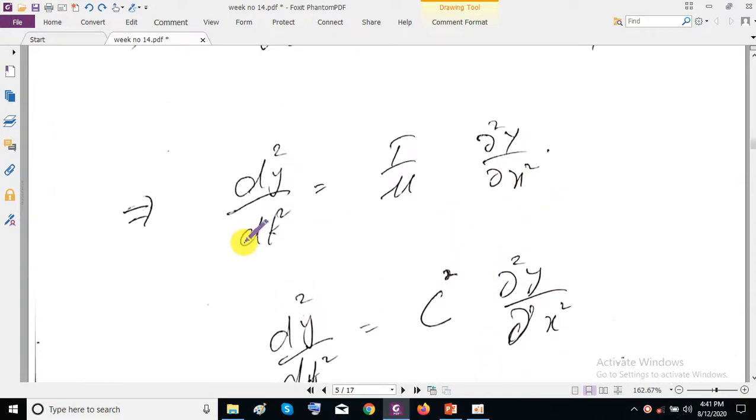the wave equation. OK, this is the wave equation in one dimension, but look at tension by mu, that is density.